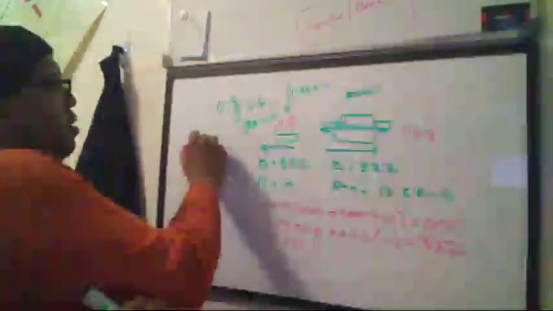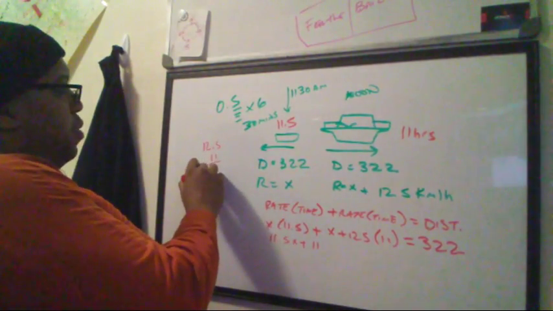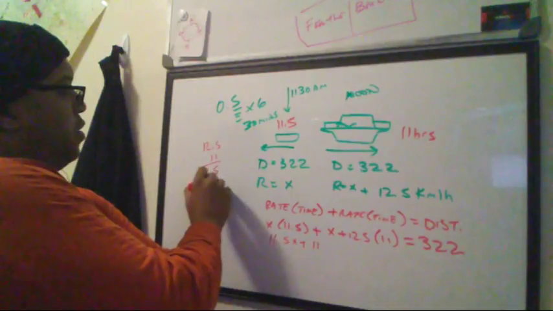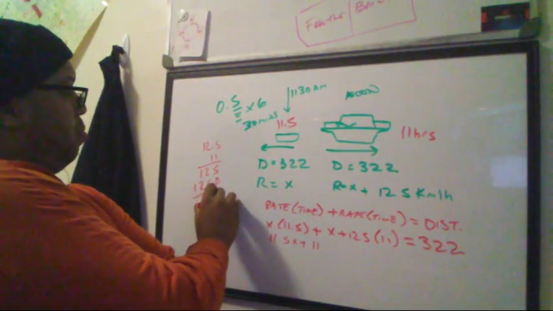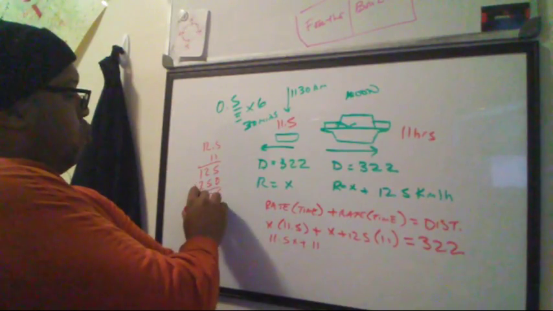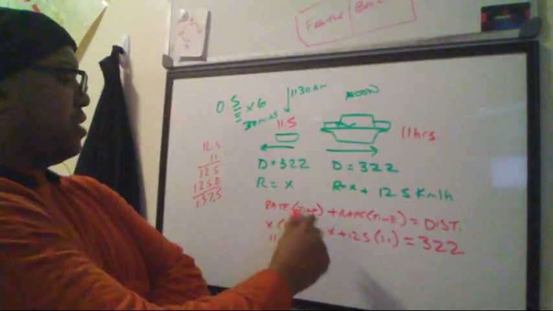No, I'll do it. 12.5 times 11. We'll get 125, 125, 137.5.